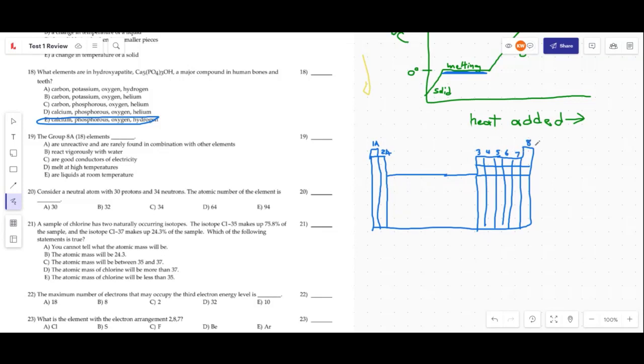So 8A is the last column on the periodic table, and we give that a special name. Does anybody know what those are called? Noble gases. Yeah, noble gases. And so what is true about noble gases?